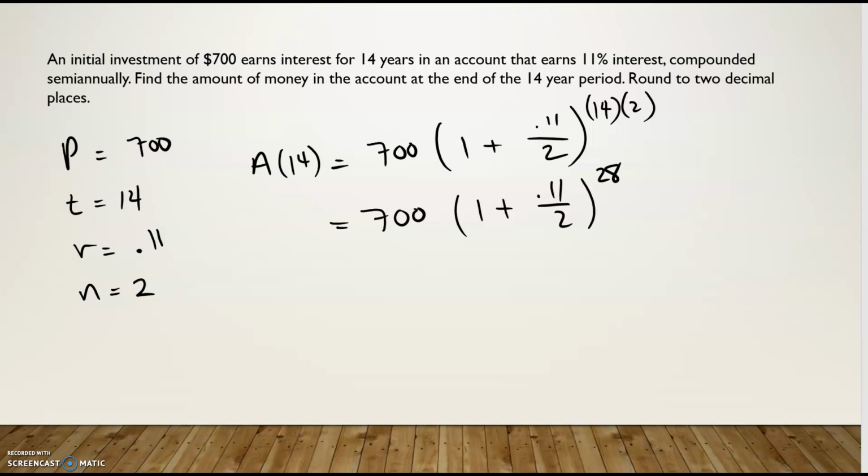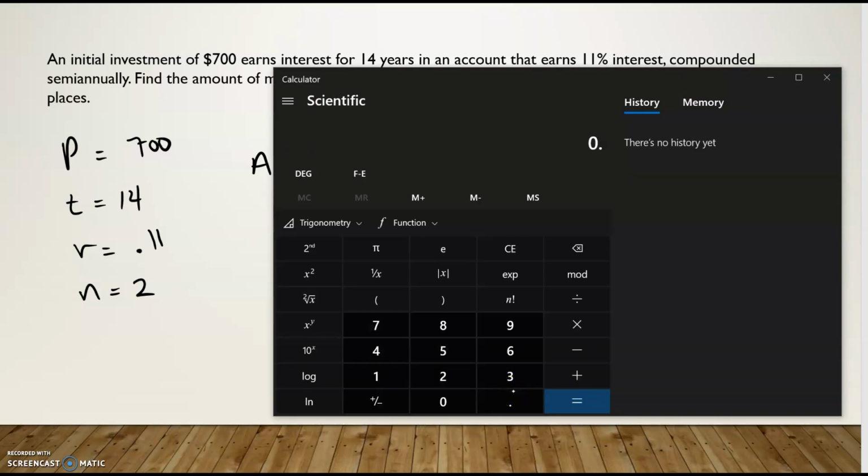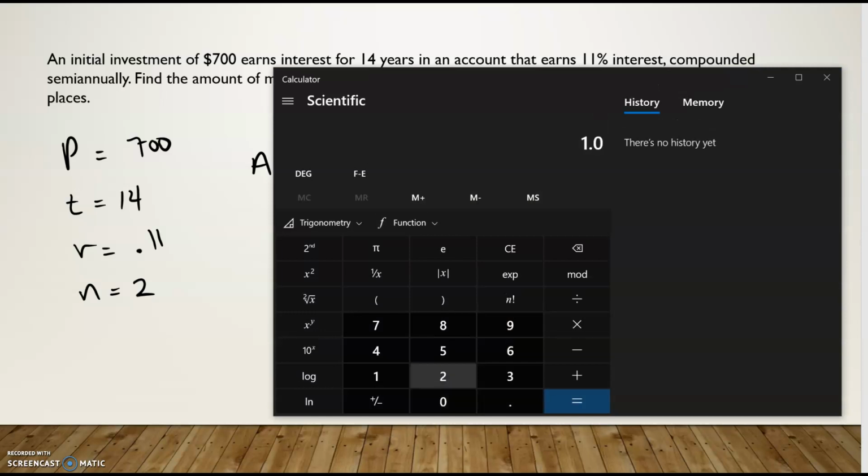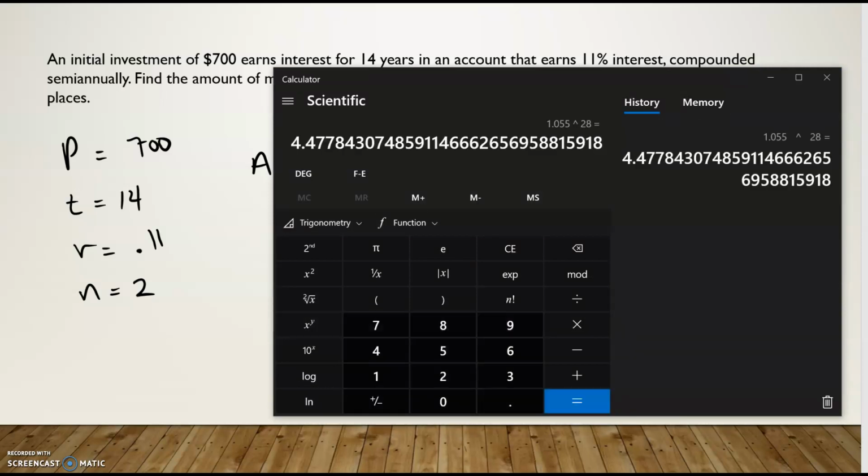Now let's look at 1 plus 0.11 over 2, see what we get there. So 0.11 divided by 2, and then plus 1, 1.055. Then I need to raise that number to 28. So 1.055 raised to 28. Okay, I get that number.